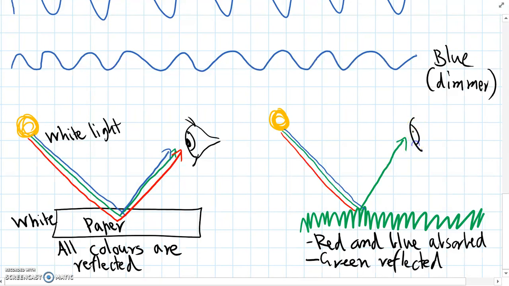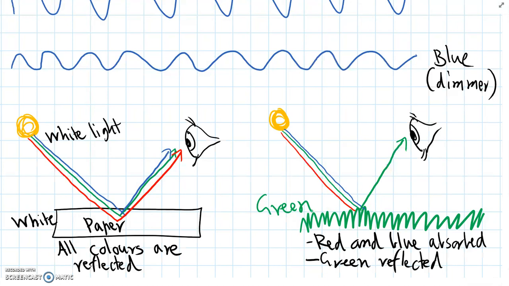And that means when we're looking at the grass, we're only picking up that green light. So the grass appears green to us. And this is what happens with every colored object. Different materials absorb different colors of light, and they reflect what's left over. So really, what we're seeing as color is what's not absorbed by that object.